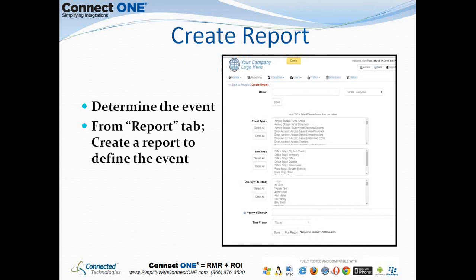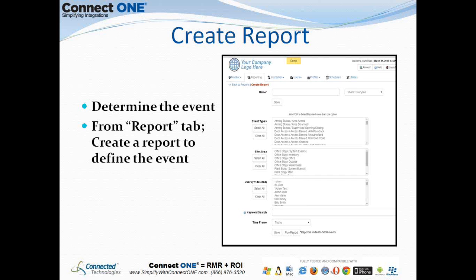To set up is very simple. The first thing you want to do is identify the event that you want to track with video. And as I said before, it could be any video or any event that the panel can receive. Go to the Report tab on the user interface and define the event. There's the top section of the drop-down menus there.